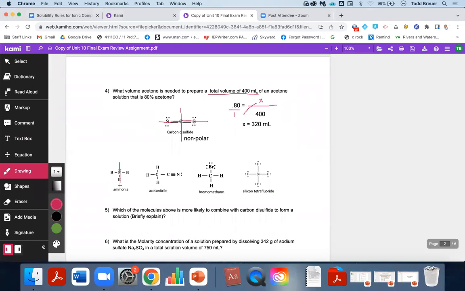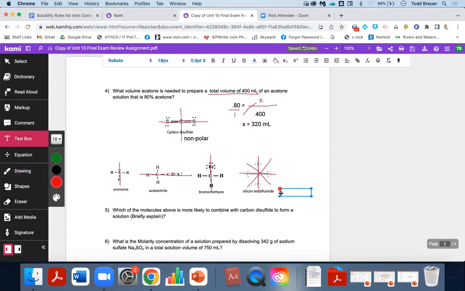Ammonia, a single line of symmetry. That would make that polar. Acetonitrile, a single line of symmetry, makes that polar. Bromomethane, a single line of symmetry, also makes that polar. Silicon tetrafluoride, 1, 2, you could probably even argue 3, 4 lines of symmetry. So that's very symmetrical.